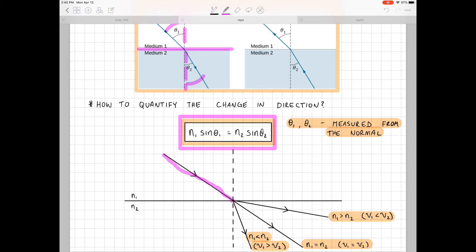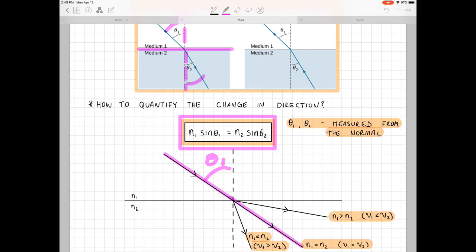Let's see what happens. We've got an incident ray, and we could call this theta 1. As the ray passes into medium 2, there are essentially three possibilities. The first possibility is that the ray continues on at the exact same angle and doesn't change direction at all.